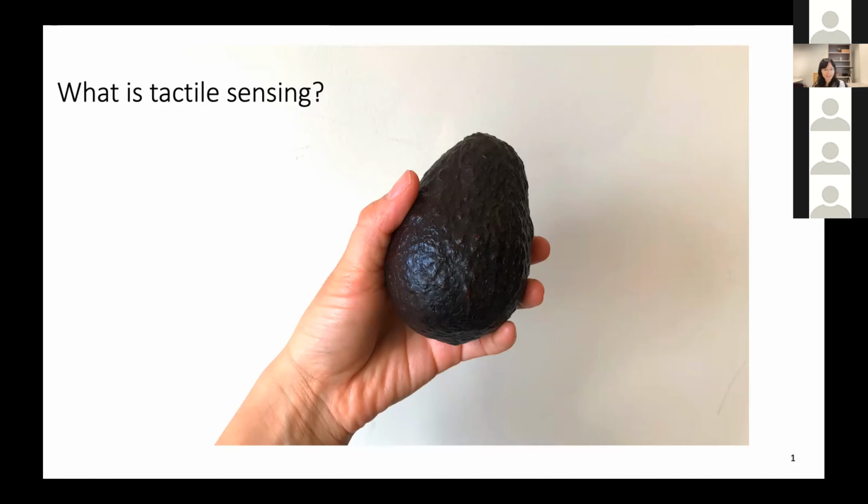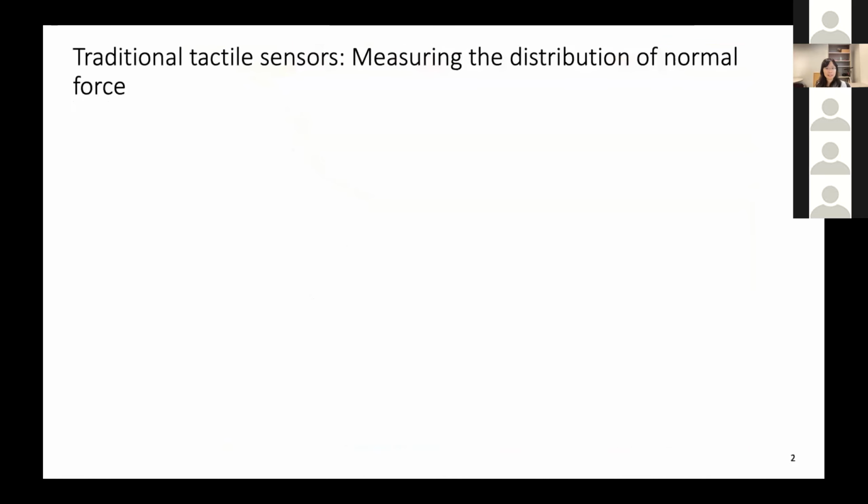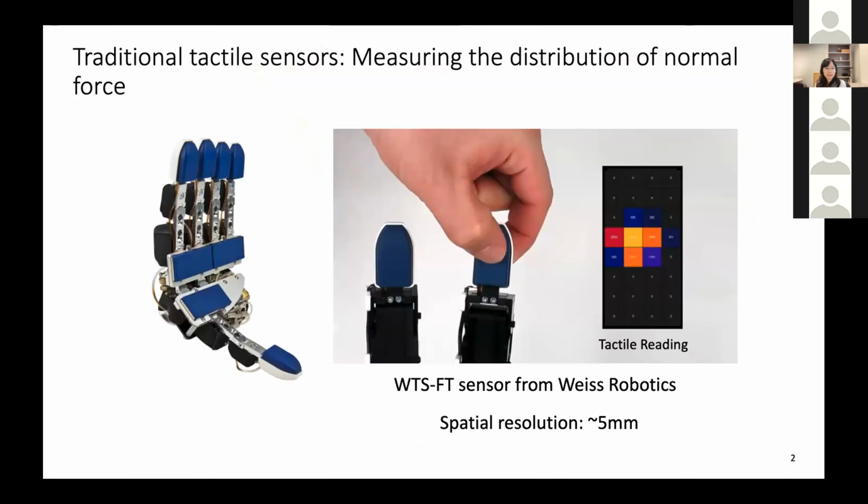Traditionally, robotics people define tactile sensing as a measurement of a distribution of normal force. Here is an example of a typical traditional tactile sensor. Those blue areas are sensors covering the fingertips and the palm of this robot hand.